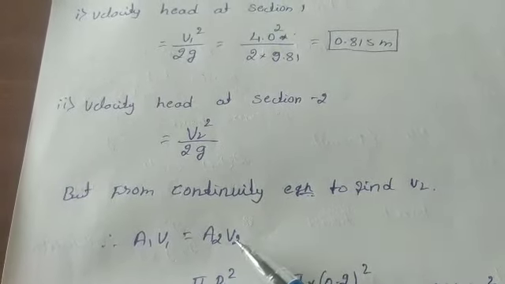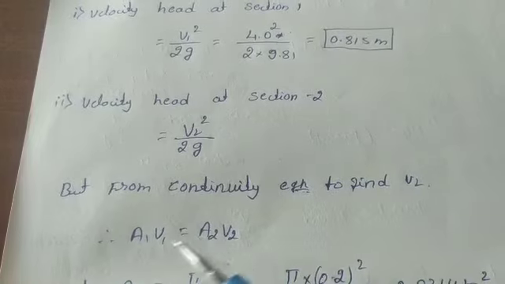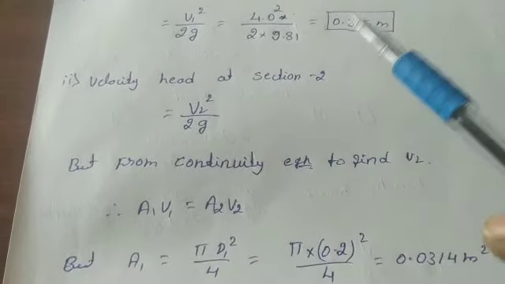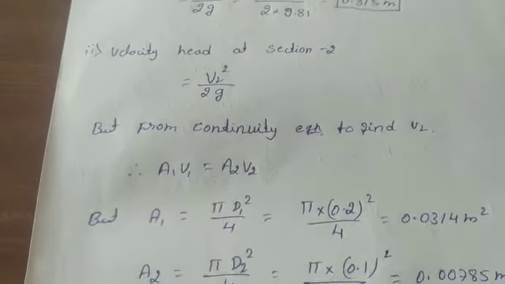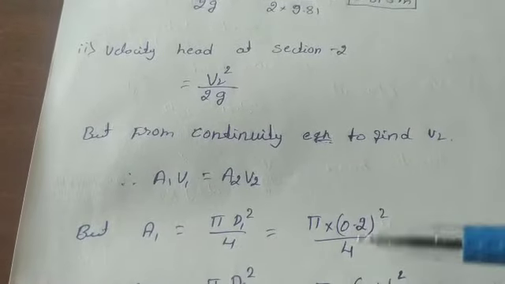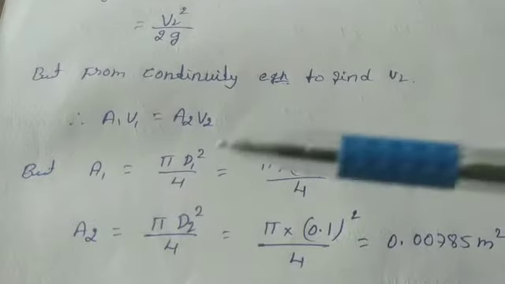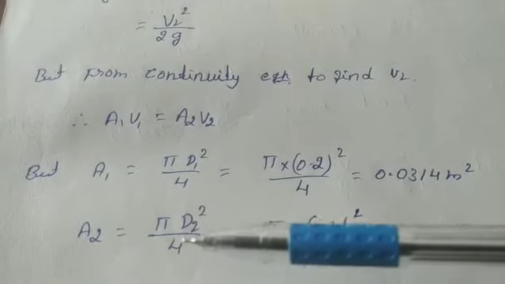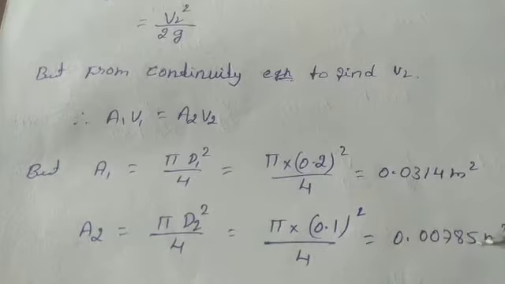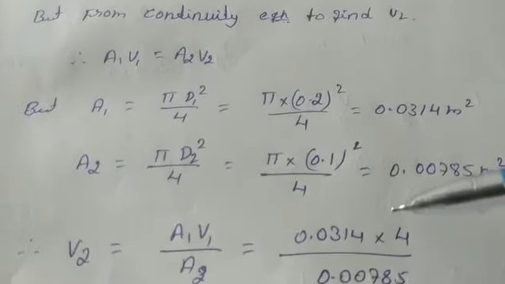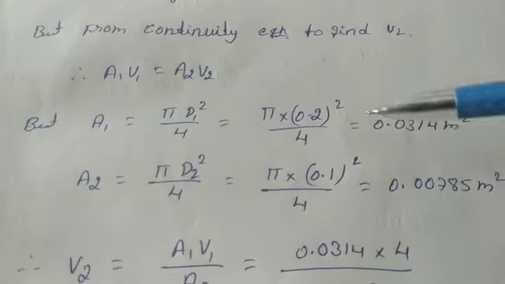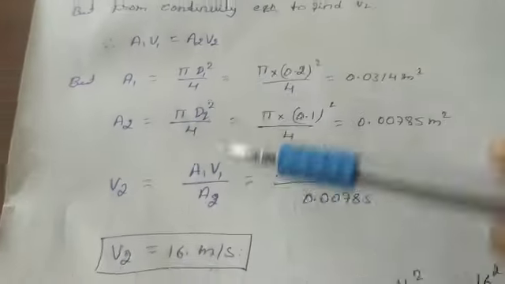If you want to identify V2 here, we have to identify A1 and A2 separately. A1 for the pipe with diameter is pi d1 square by 4. Using that formula identify A1, and similarly A2 is equal to pi d2 square by 4, identify the A2 value.